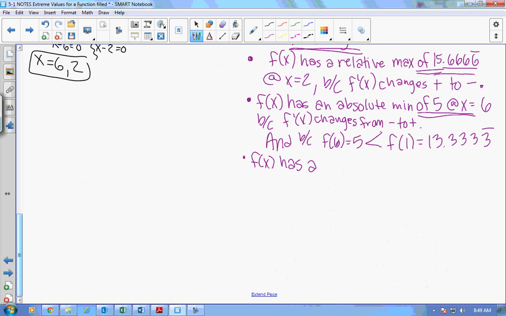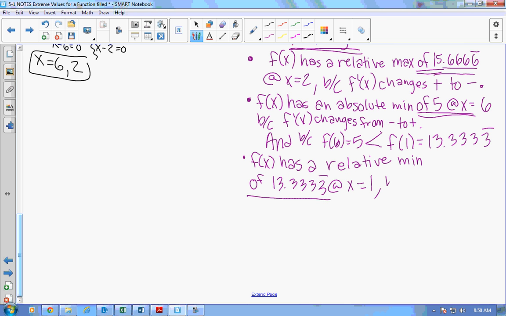So f of x has a relative, or you can say local, minimum. What do we say after the word minimum? Of its height. And it was 13.3333 at x equals 1.